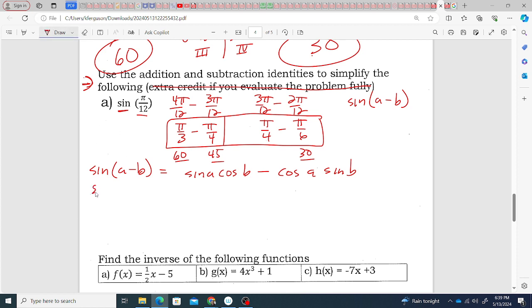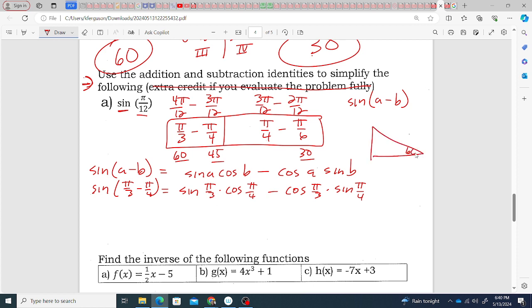So I'm going to have sine of pi over 3 minus pi over 4. So a is pi over 3, b is pi over 4. So I'm going to have sine of pi over 3 times cosine of pi over 4 minus cosine of pi over 3 times sine of pi over 4. Pi over 3 is 60 degrees.